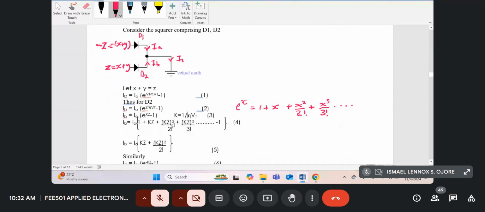So if I substitute it in equation 1, instead of I_diode, I'll just write it for the second part. So I_A is equal to I naught into bracket e to the power of minus z all over eta Vt, minus 1.